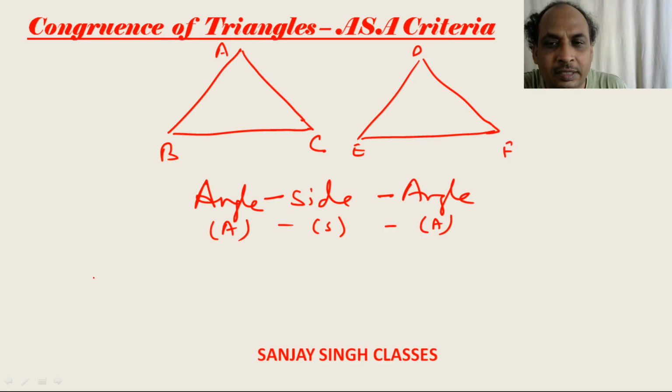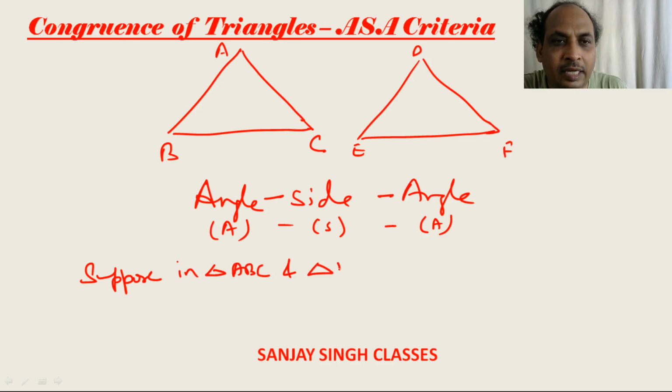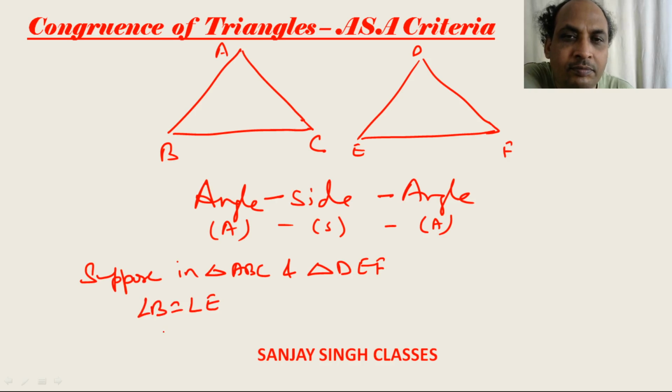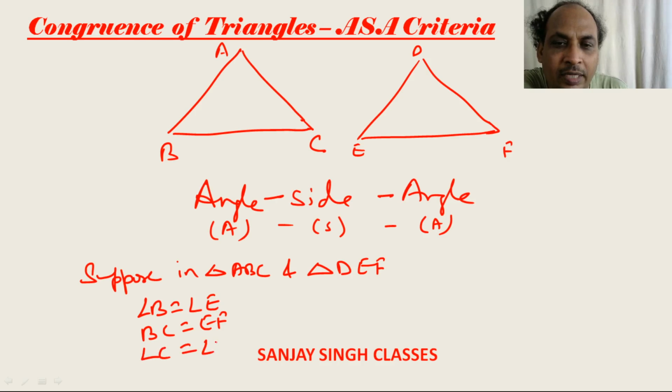Suppose in triangle ABC and in triangle DEF, we have the condition that angle B is equal to angle E, then BC is equal to EF, and then further angle C is equal to angle F. It means the two triangles ABC and DEF will be congruent.